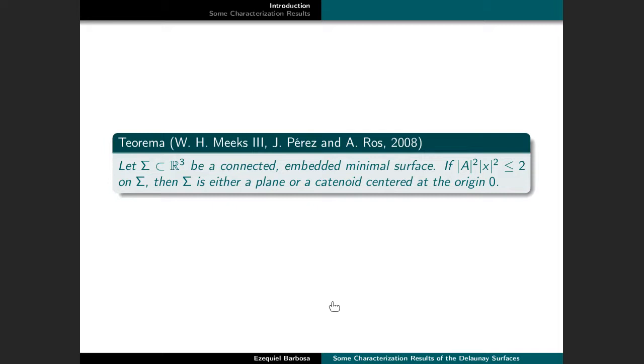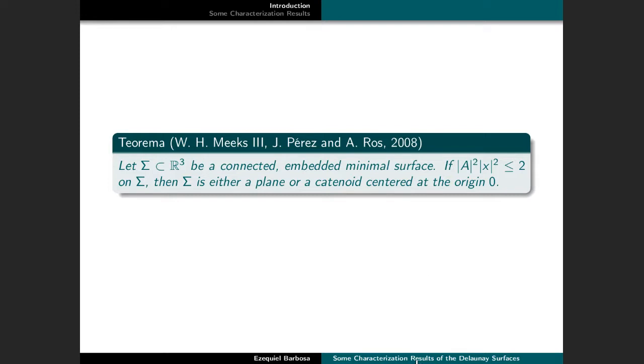So if you have a function f, consider the level set of this function, and compute the second fundamental form. If you have a decay like this, then you will get a classification result. It should be the plane or the catenoid with the center at the origin. Of course, this is a result for minimal surfaces.